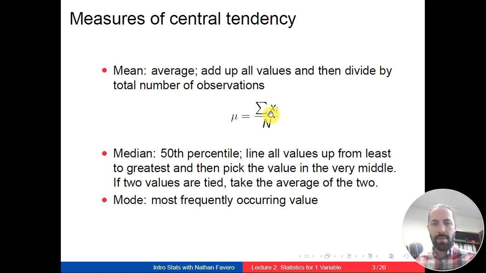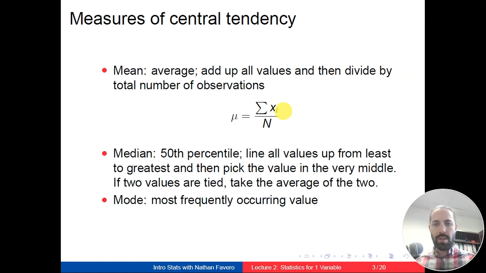And then on the right side of the equation, we see this summation sign, and then x, which refers to whatever variable we're computing the mean for. So if we're thinking about ages, like in the example a moment ago, then x would represent the variable where we record the age of each individual. And then this subscript i just refers to each individual.